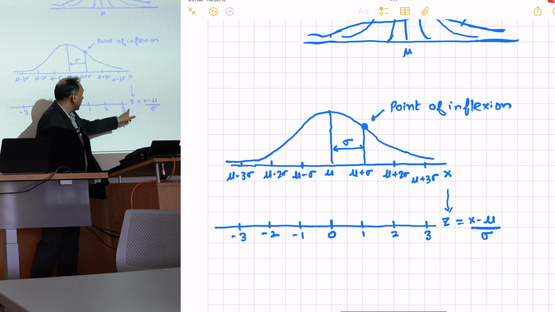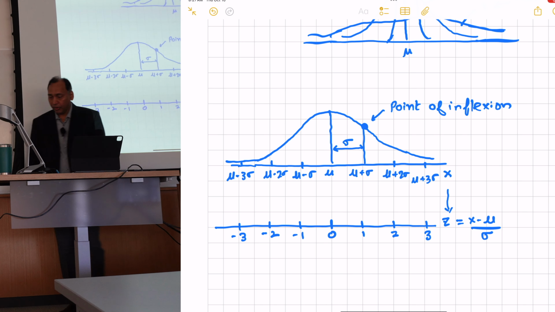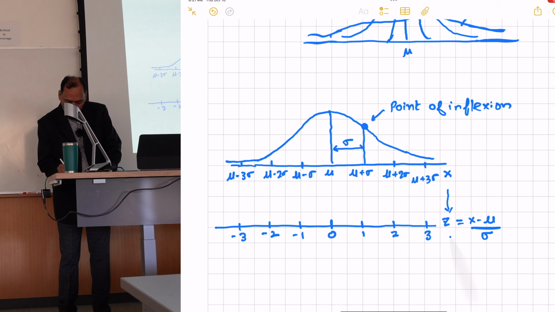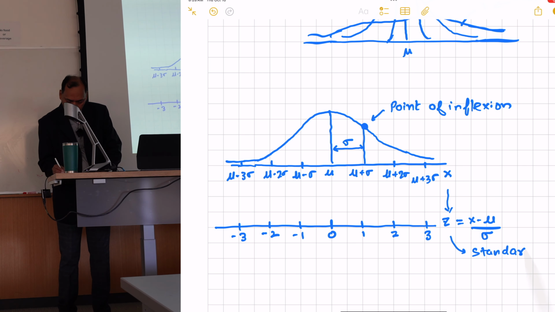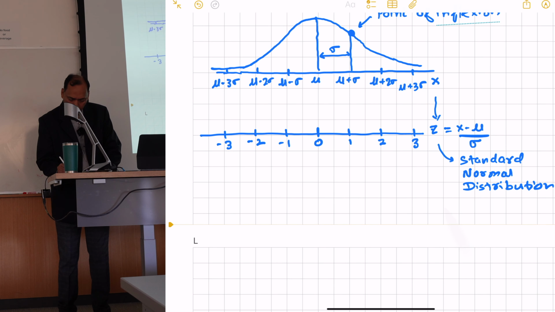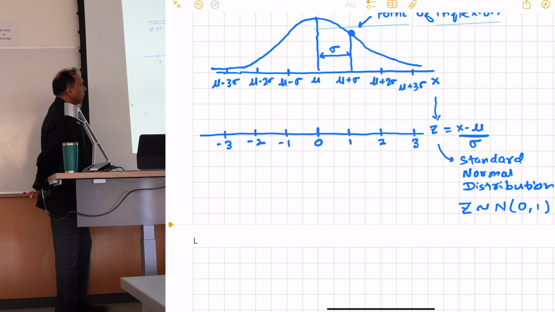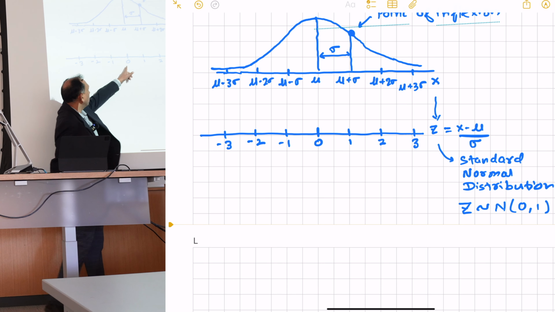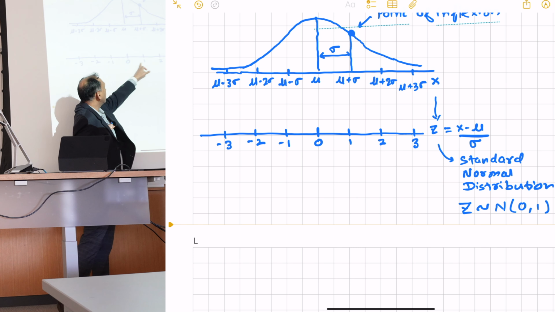That's why this distribution for z is named the standard normal distribution. Z follows normal distribution, mean will be 0, standard deviation will be 1, always, irrespective of what x is. Your z will always have a mean of 0 and a standard deviation, this gap, of always 1.